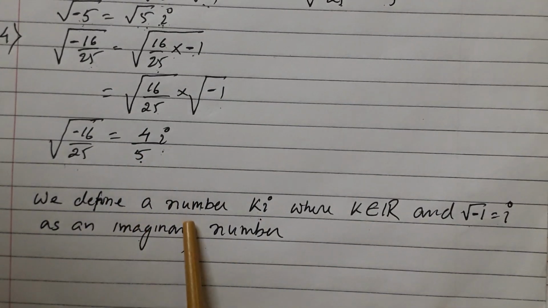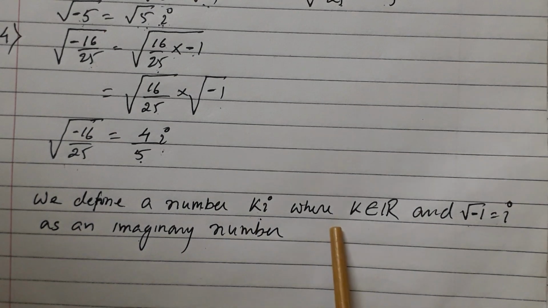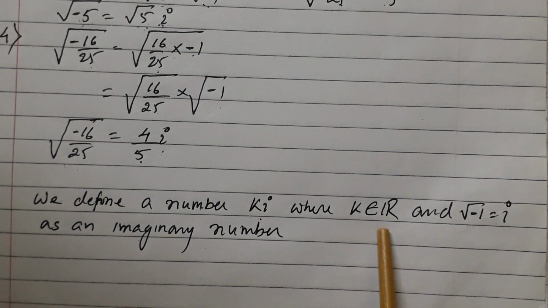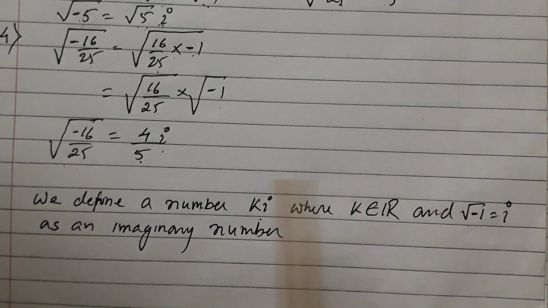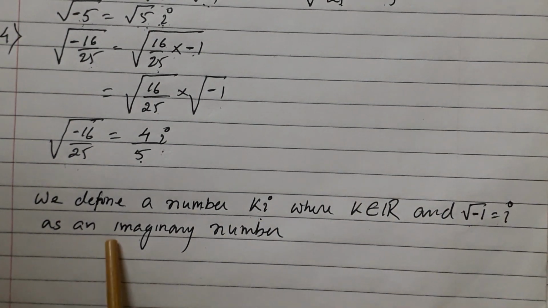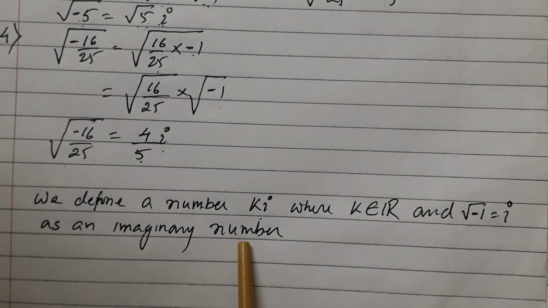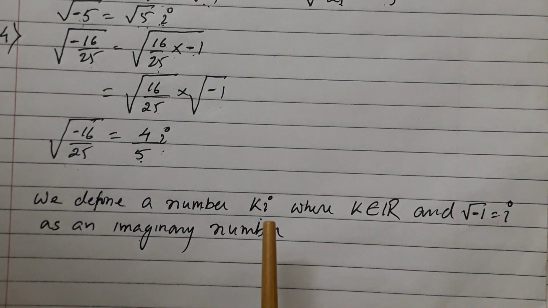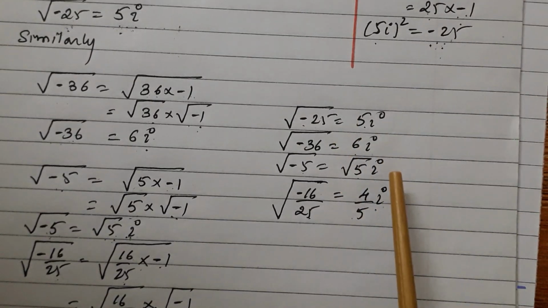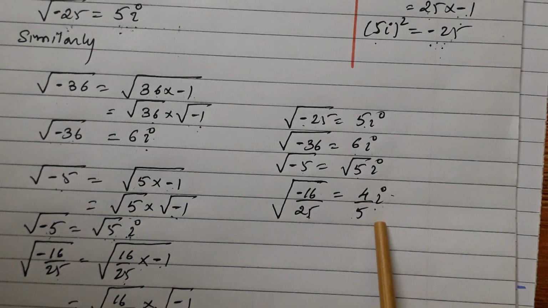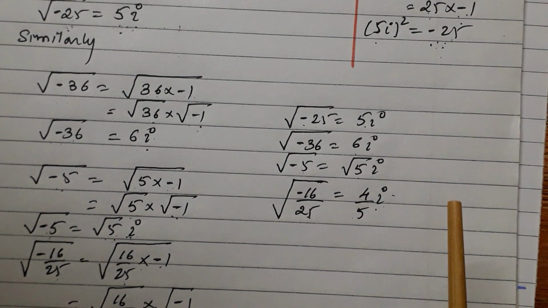So let us define a number ki, where k belongs to real numbers and i is equal to root of minus 1. Such a number ki, we call an imaginary number. Here are a few examples of imaginary numbers which we have worked out: 5i, 6i, root 5 i and 4 by 5i.